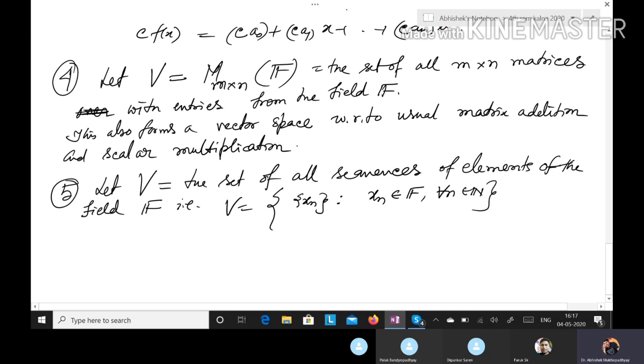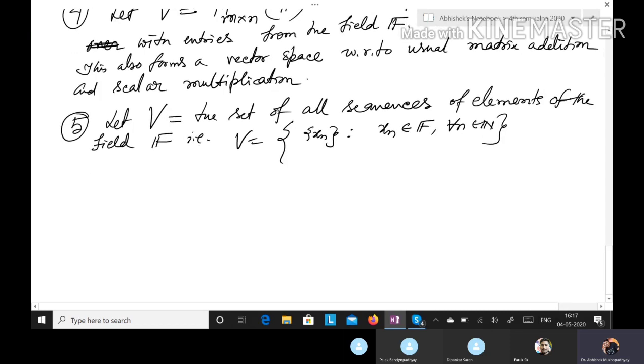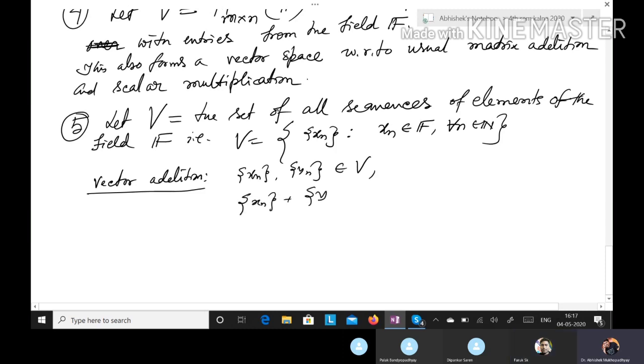Now we define addition and scalar multiplication as follows. First, vector addition. Given two sequences xn, yn in V, the sum of these is defined as xn plus yn, where this plus is from the field F.